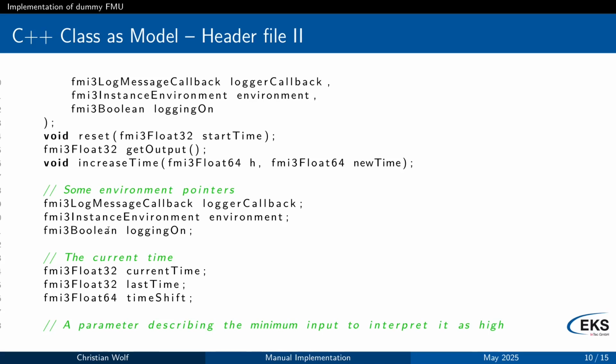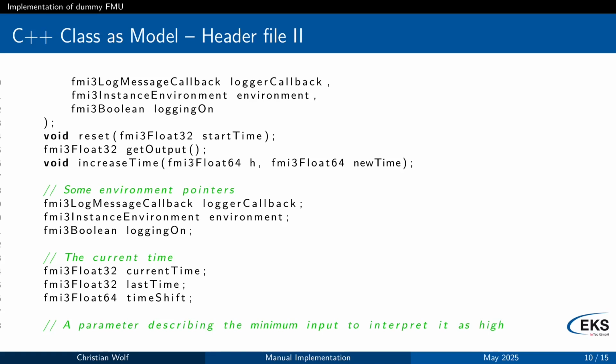We don't use them actually, but we prepare them so we could enable logging. Then we need a function to reset the complete FMU. We need a function to get the output. We only have one output, so it is clear which output we are talking about. And we need something to increase the time.